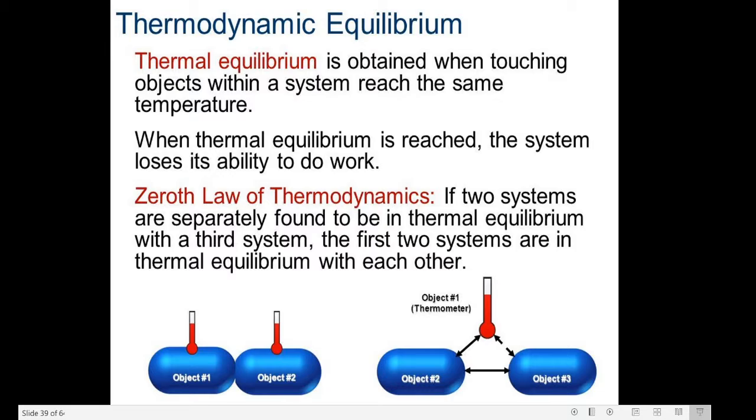Thermodynamics has two parts: thermal equilibrium and the zeroth law. In thermal equilibrium, two molecules exchange energy through direct contact. In the zeroth law of thermodynamics, two systems that are separated are each found in thermal equilibrium with a third system. The third system passes the heat.